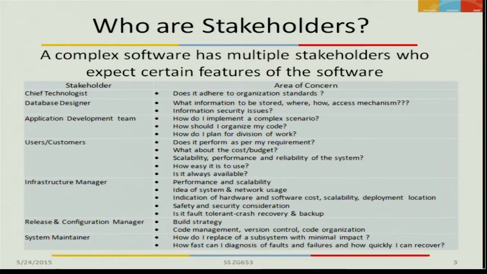Examples are, let us say that you are going to have the system installed in a particular location, and for a moment assume that this particular application is going to be used by many people across different geographical locations, and you have a particular requirement that this application must be able to respond within certain time.